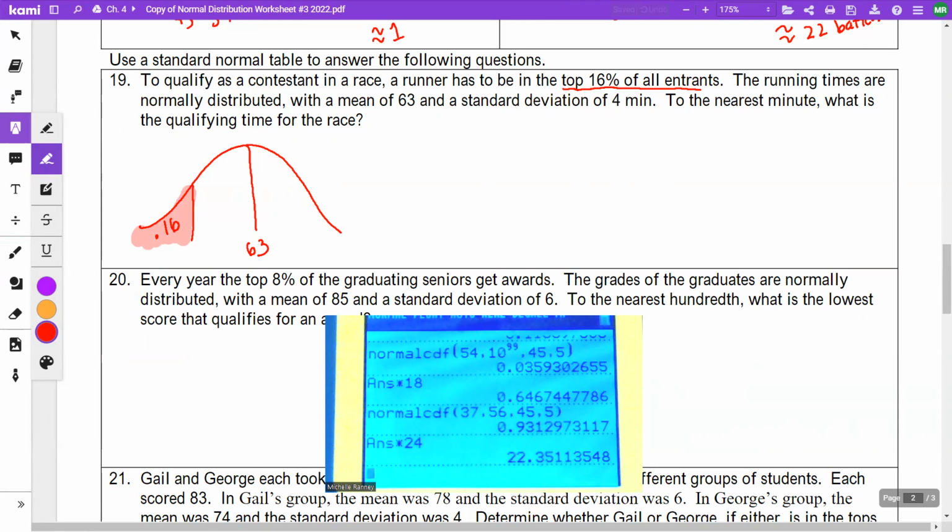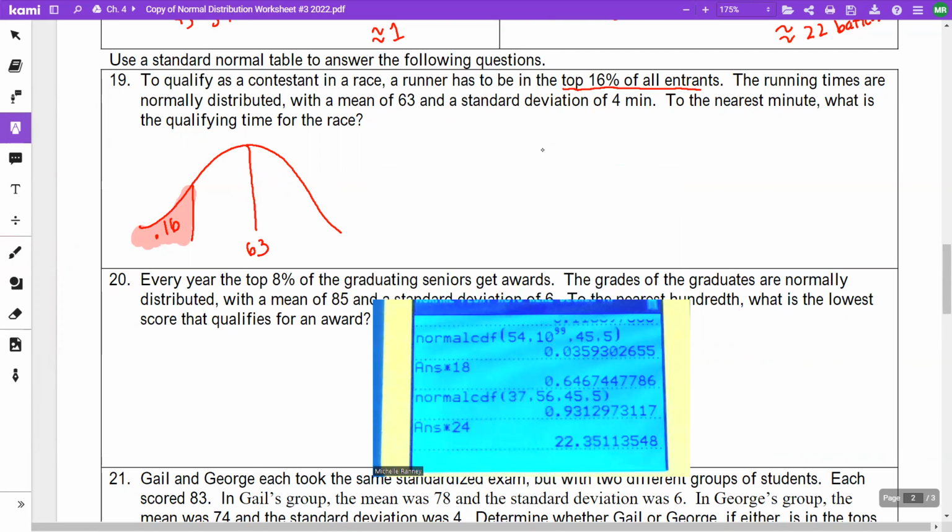So 63 is a time, 63 minutes, I guess. You want it to be less than 63 if the mean is 63. And so when I'm doing this, I'm going to be doing the inverse norm because I want to find this value.